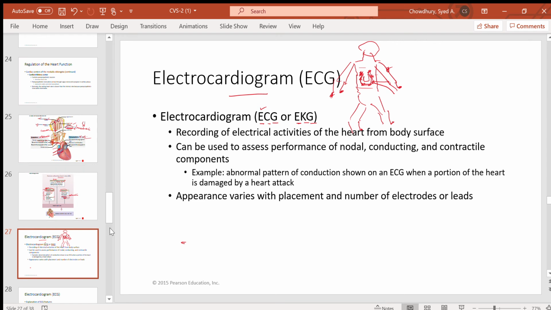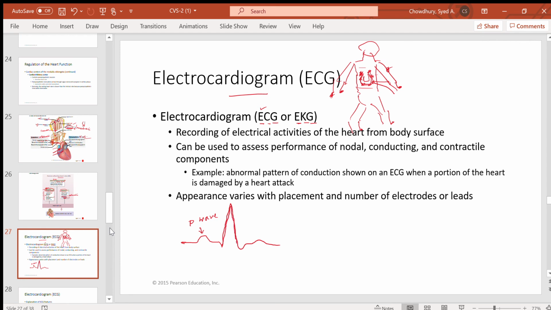Okay, now if you see that EKG tracing recording, you will see the waves. So here you see the first wave is called the P wave. The second one is very long, very big.